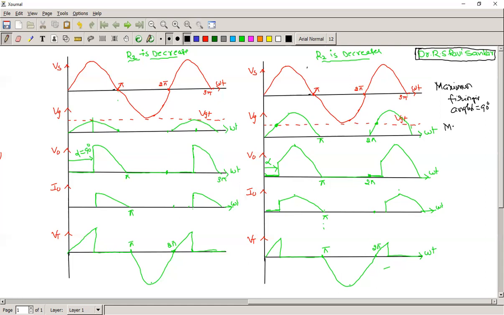The minimum firing angle is 2 to 4 degrees. Even if you want to turn on the SCR at 0 degrees, you can't. This is one disadvantage. One more disadvantage is that it is a resistance, which is highly dependent upon the temperature.